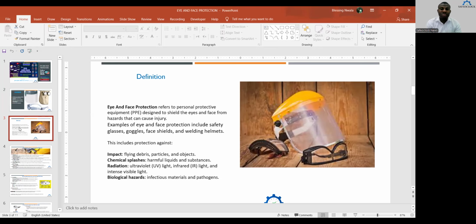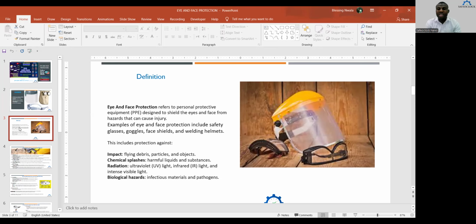It is to protect the eye or the entire face from any hazard that can cause injury, whether in the workplace or elsewhere. Examples include safety glasses, goggles, face shields, and welding helmets. These are some of the examples of eye and face protection.